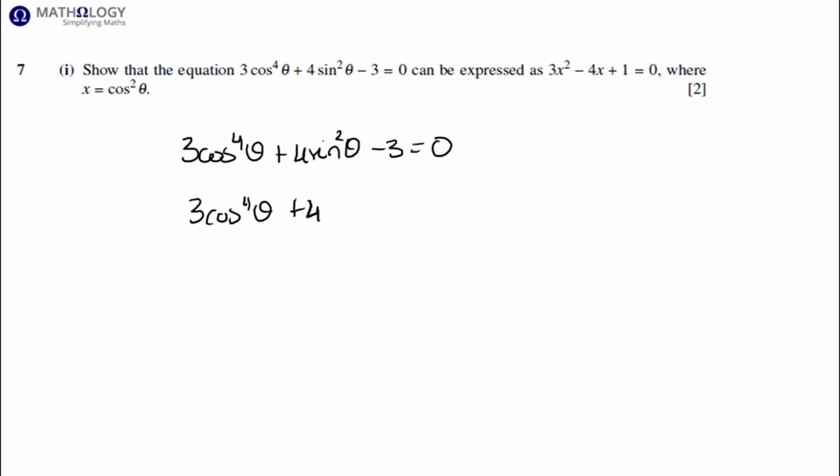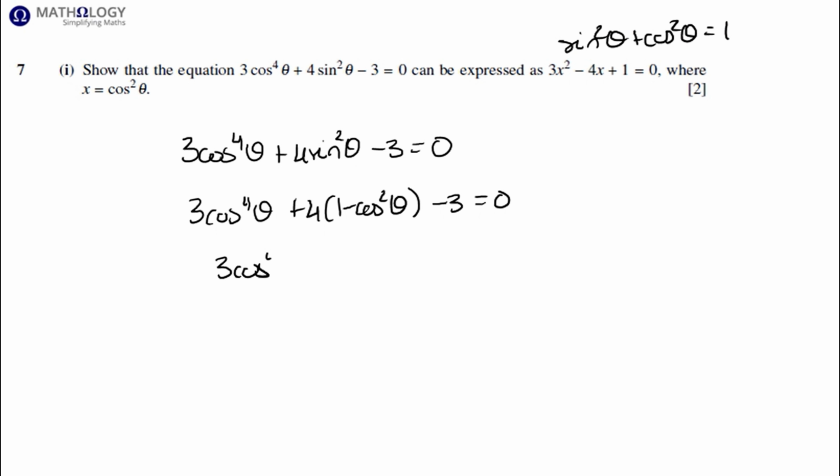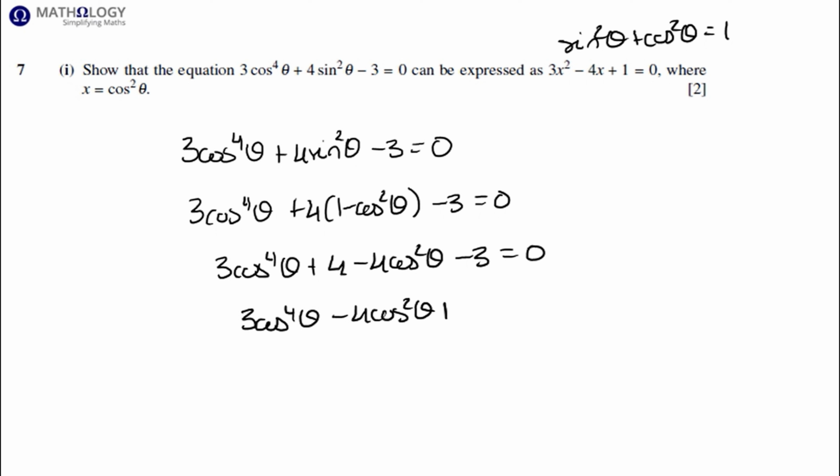So we are going to express sine squared theta as 1 minus cos squared theta, which we get from the square identity, sine squared theta plus cos squared theta equals 1. So 3 cos to the 4 theta plus 4 minus 4 cos squared theta minus 3 equals 0. 3 cos to the 4 theta minus 4 cos squared theta plus 1 equals 0.